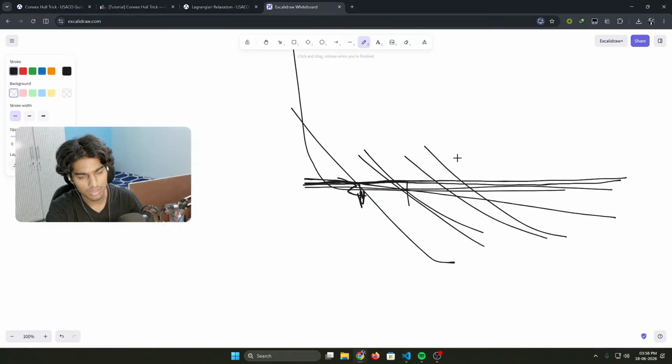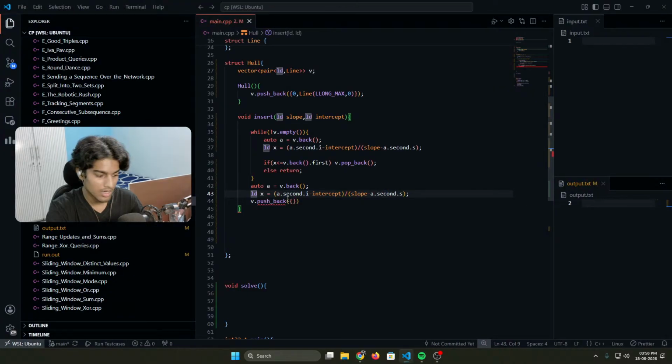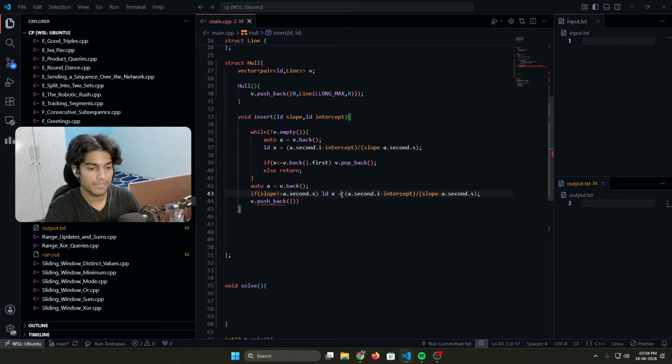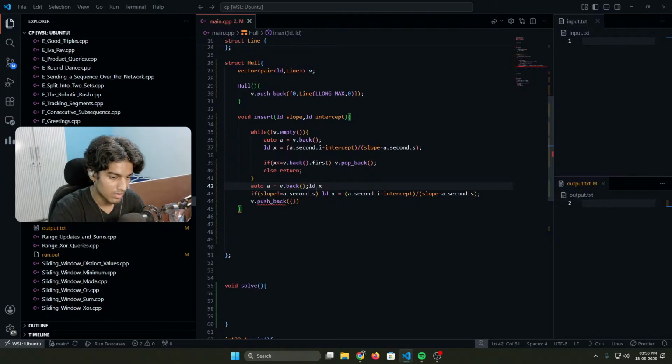Or they can be equal. Well, in that case, this line is completely useless, right? So that is the only case I'm going to insert.